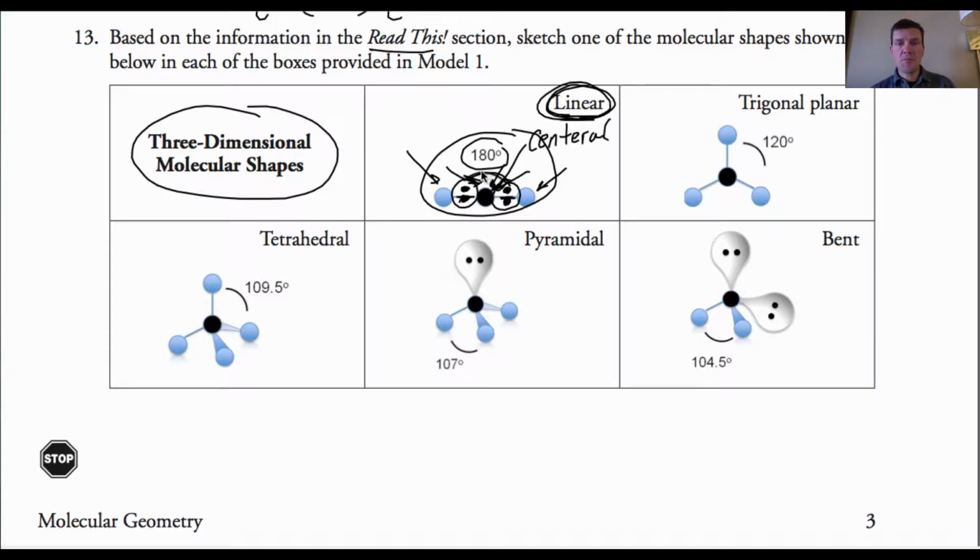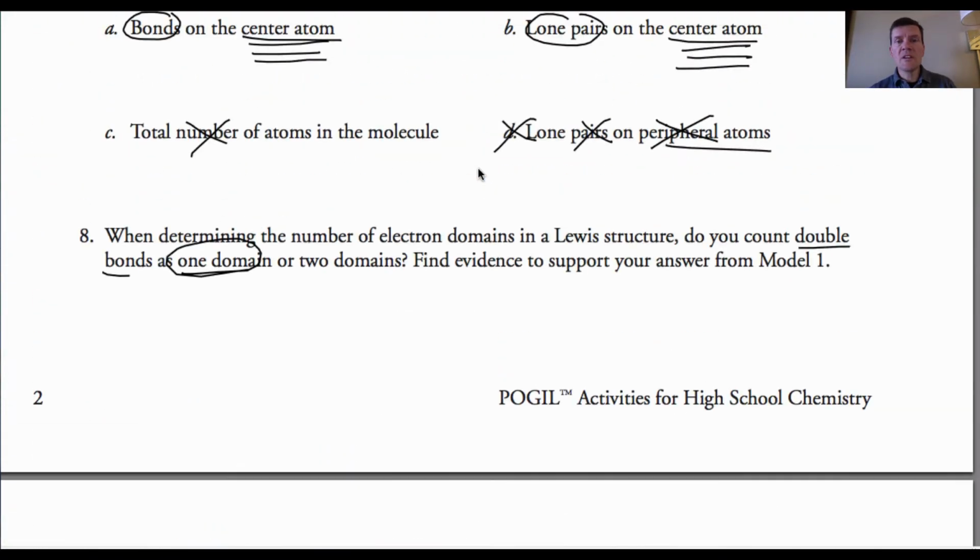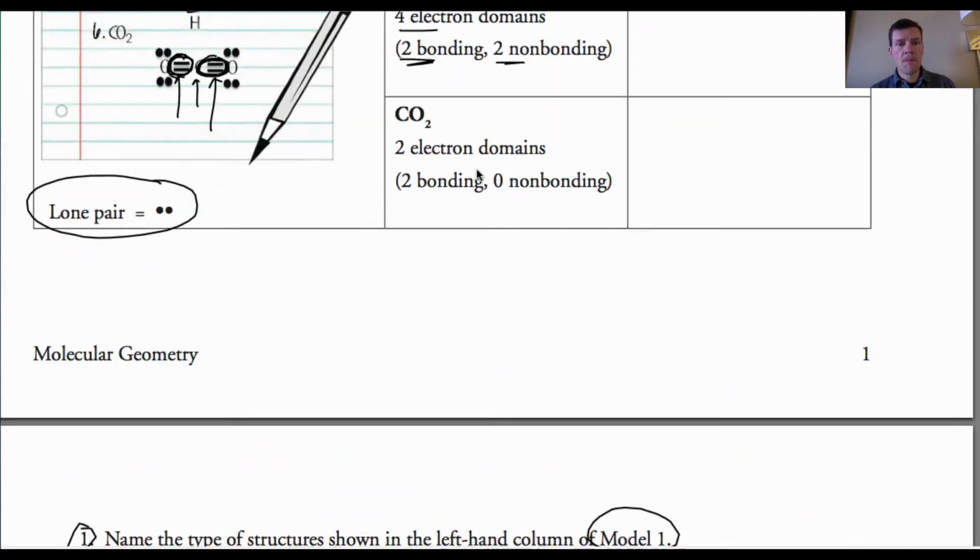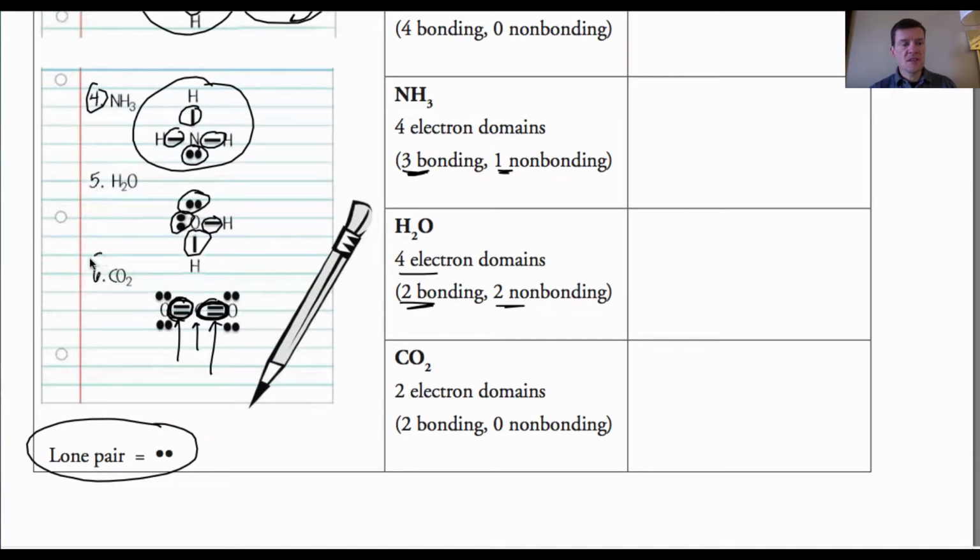So let's look back up at Model 1. Where does this happen? It happens in number 6. Notice double bond and double bond, but these only count as 1, 2 electron regions around our central atom of carbon, and as a result, this would be a linear arrangement.